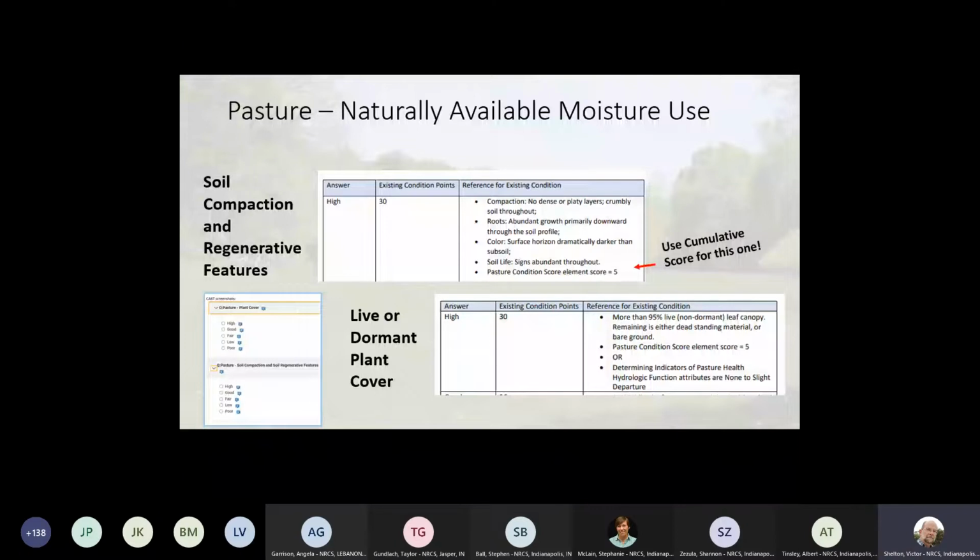If you do mark it, it's going to ask you for 2 different indicators and how they score. It's going to be the soil compaction regenerative features again, and the live plant cover. And so you just basically answer those accordingly, and they may show up in separate elements.